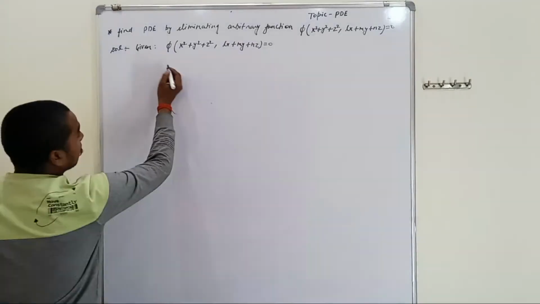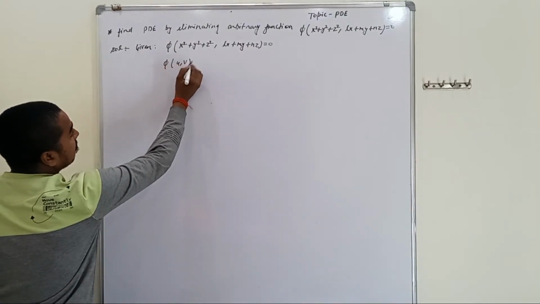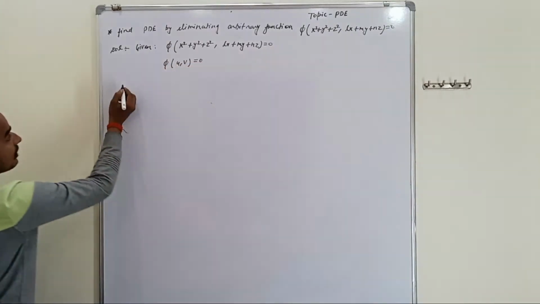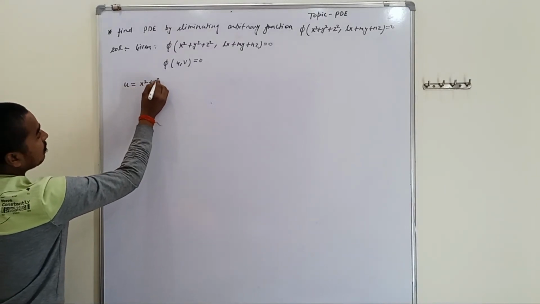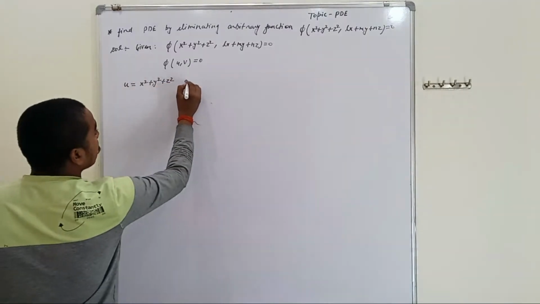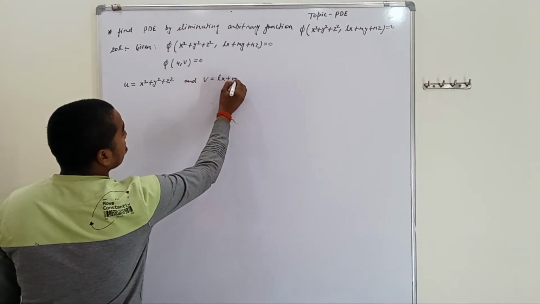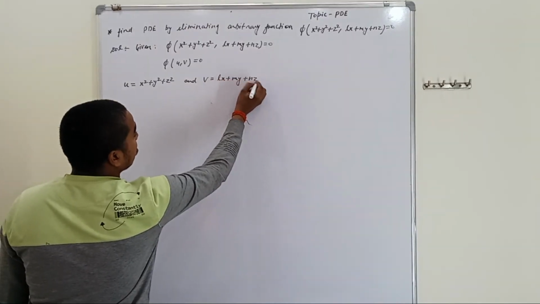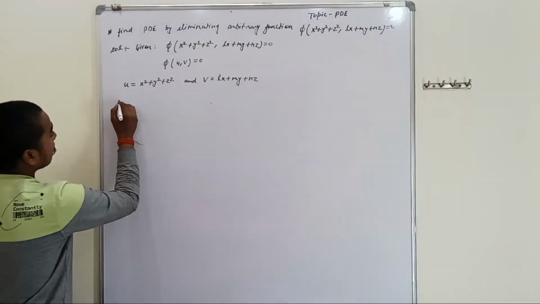We form phi of u comma v from here, that is u is equal to x square plus y square plus z square and v is equal to lx plus my plus nz. We have to find the partial differential equation.